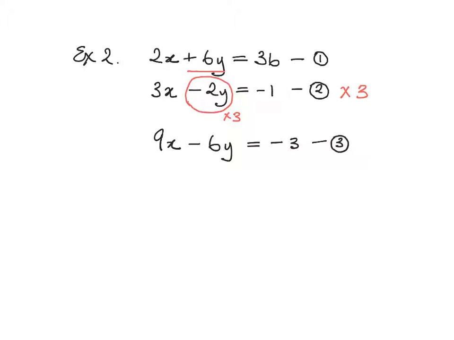And what I'm going to do, just to assist my working, is write equation 1 underneath, so the two equations are together. Now I hope you can see that we now have a plus 6y and a minus 6y. So that takes us back to the situation we were in with example 1. What I'm now going to do is to add the two equations.